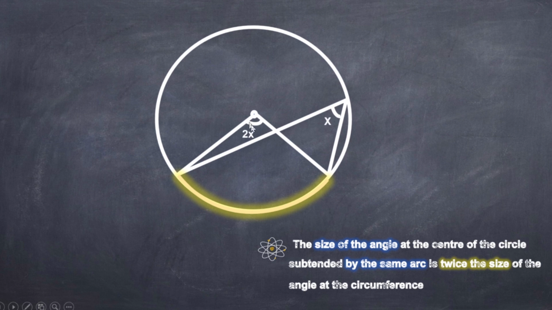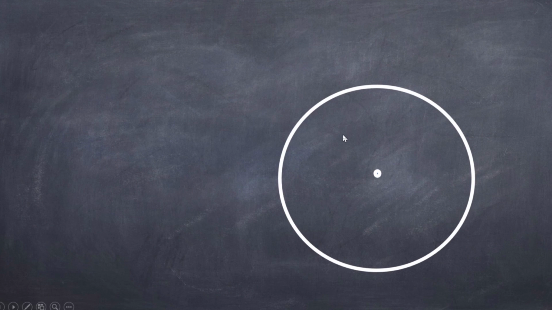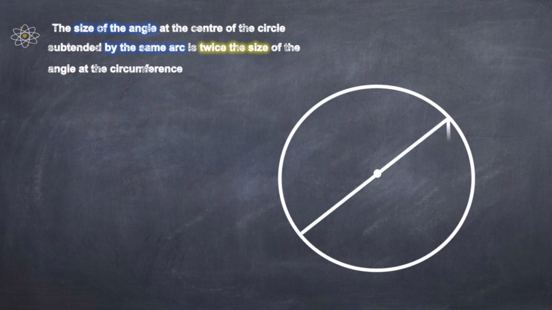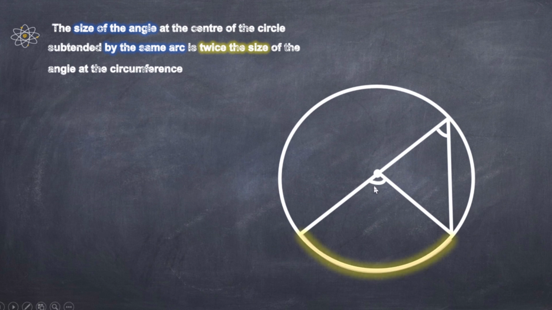Therefore, the center will be 2x, and the angle at the circumference will be 1x. Okay, next, this is also the same situation. The angle at the center is twice the size of the angle at the circumference.